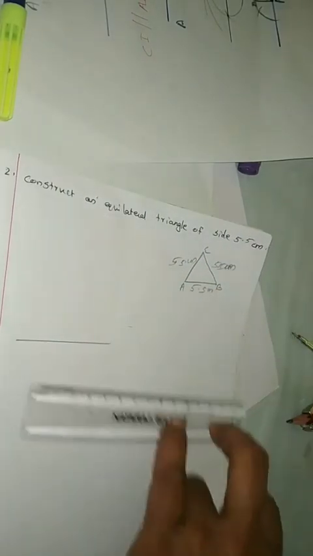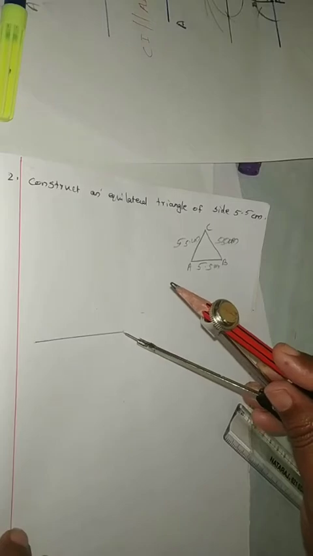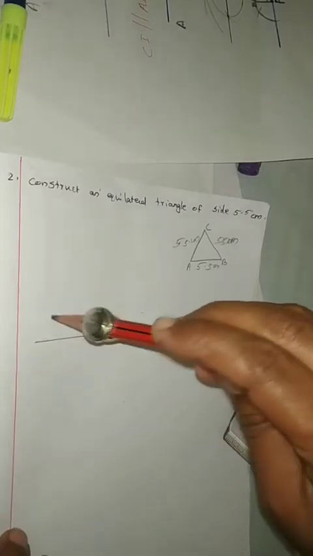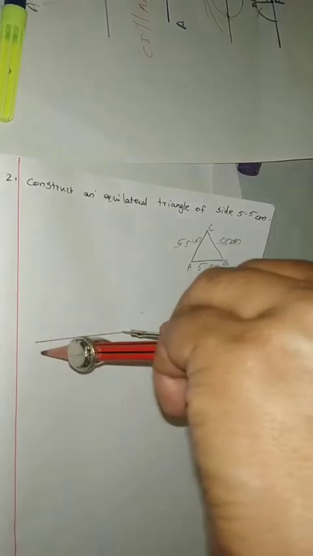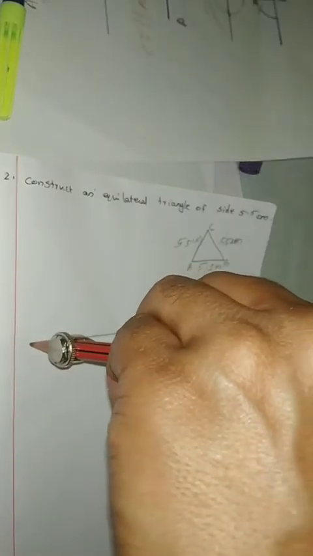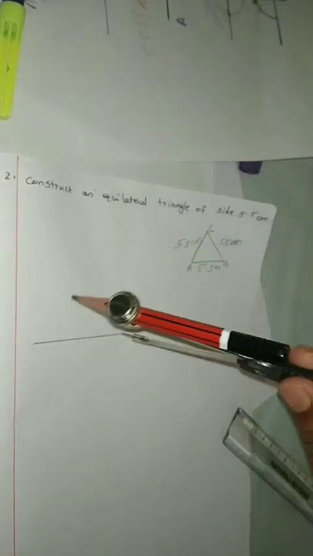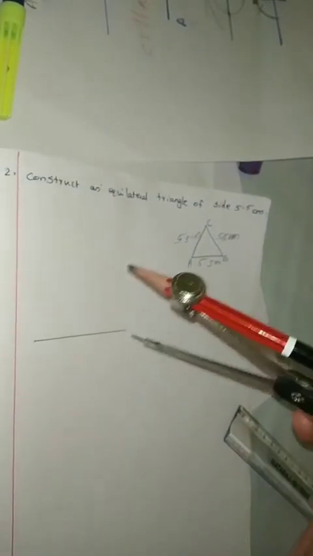Clear? Then all sides are equal now, so we can measure using this line itself, because this is already 5.5. And you can take it any way by using the scale, no problem.